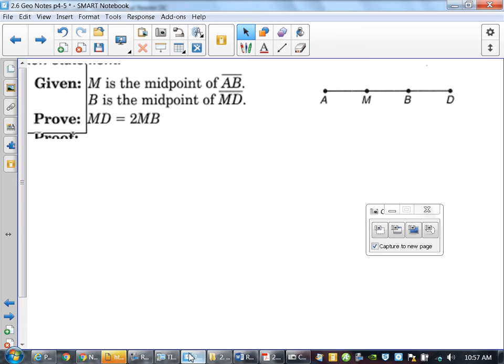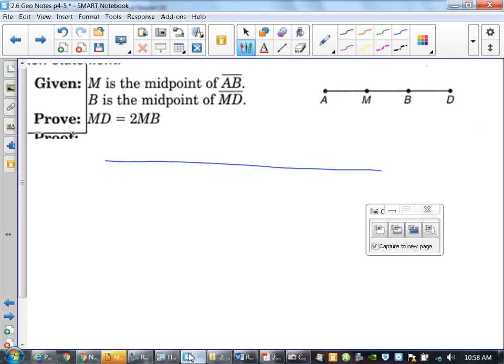Okay? So when we start this one out, we have midpoints. We have that M is a midpoint of the segment AB, and B is a midpoint of segment MD. Just by starting with our very first given, we always write that down first. And then we'll go back and mark our diagram and see what we can find out from there.